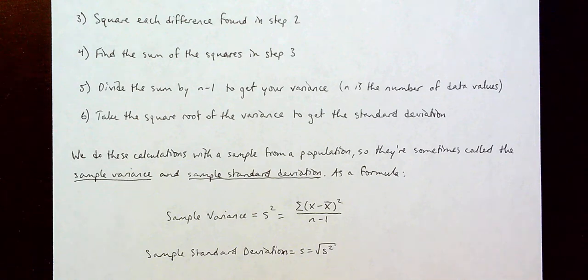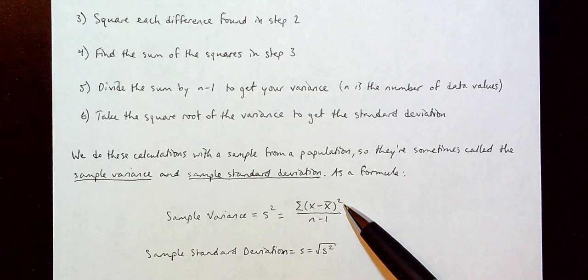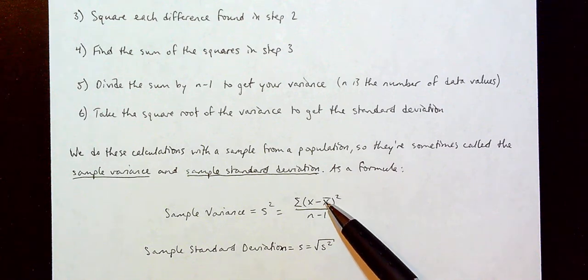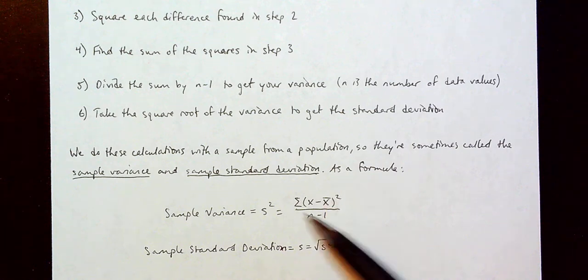As a formula, the sample variance can be symbolized by s squared, and that's equal to the sigma, or the sum, which we saw in our previous video, of the squares of the differences between our x values, the values that we had in the data set, and the mean, and that sum is divided by n minus 1.